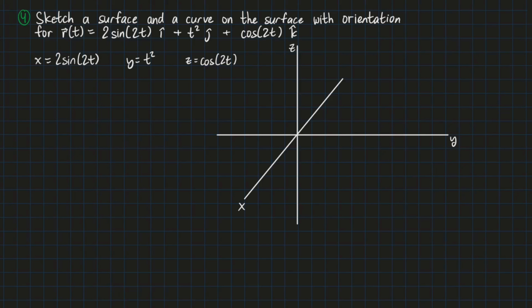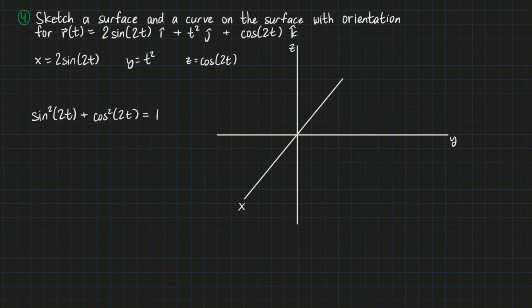And then we can create a surface in the space that the curve will be on by making an equation with two of the dependent variables. So since sine and cosine are on different component functions, we can make the sine squared plus cosine squared equals 1 relation again.